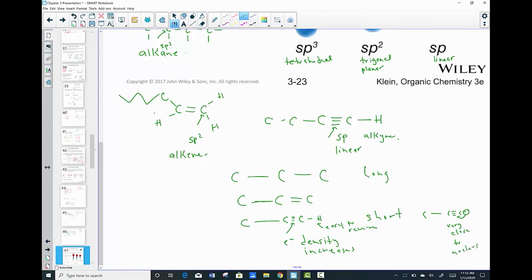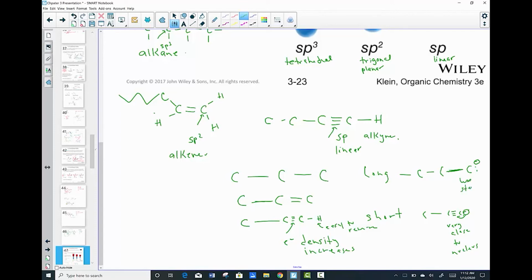Compare that to a single bond, and if I were to draw the single bonds and draw those long electrons, a shared pair of electrons, when I draw a lone pair of electrons on this carbon, the electrons are farther away from the nucleus, right? Because this is a longer distance than a triple bond. Therefore, this is less stable because it's further away from the carbon's nucleus.